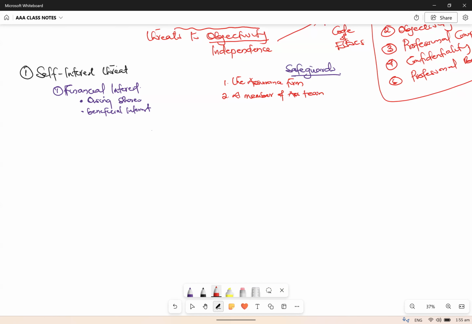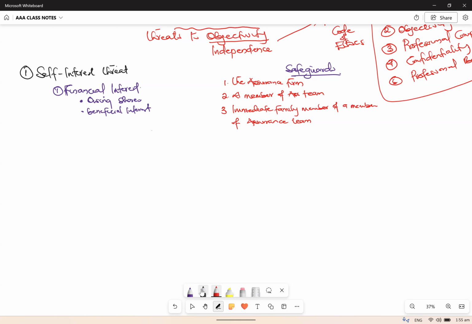Three, any immediate family member of a member of the assurance team. They should not have direct financial interest.